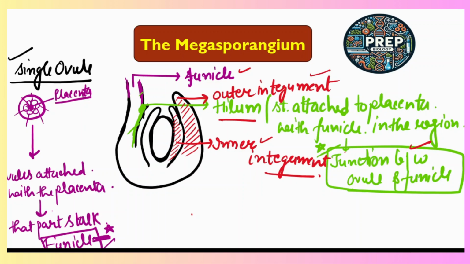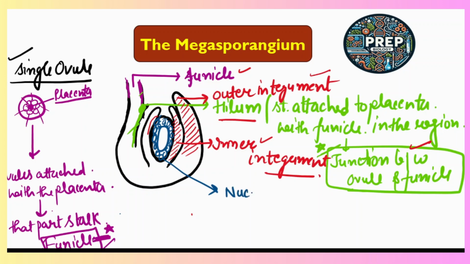Now we have a very important part, the middle part. There is a mass of cells present around the middle part, within the integuments, which are abundant in food reserve.